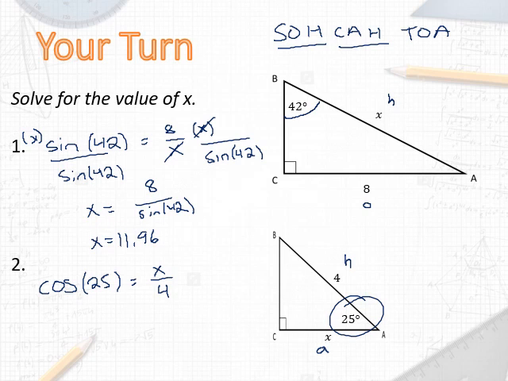Now this is an easier one because the x is above the line, so all we have to do is multiply by 4 on both sides. And 4 times cos 25 is going to be our solution. And that is 3.625 or 3.63 is x. So hopefully that's looking okay for you guys. Nothing too crazy there.